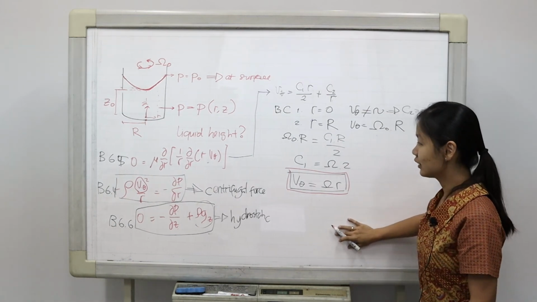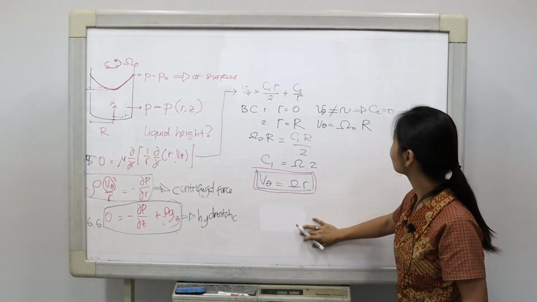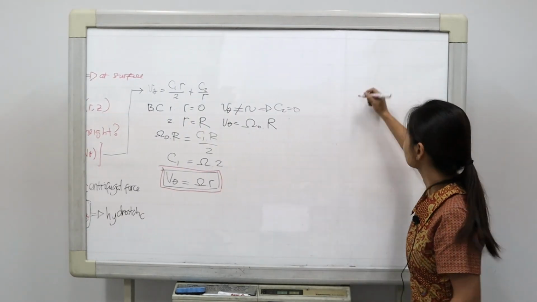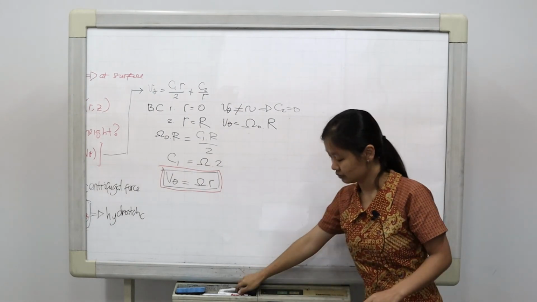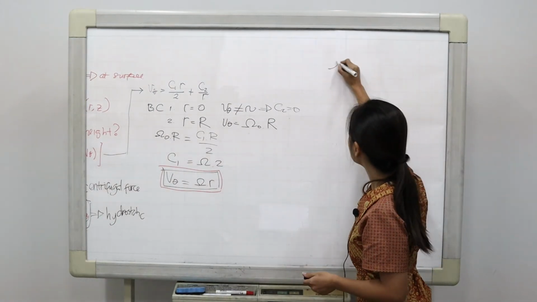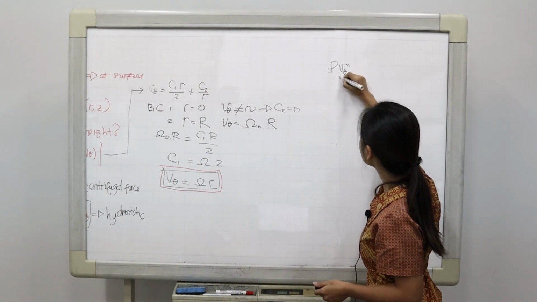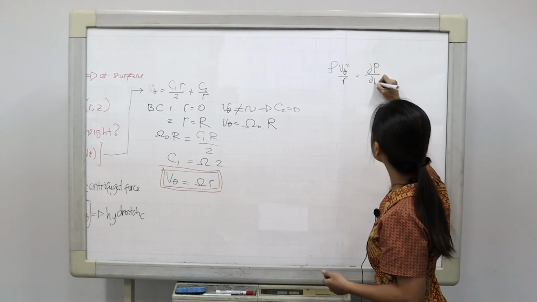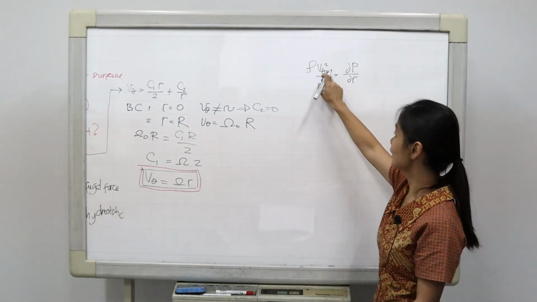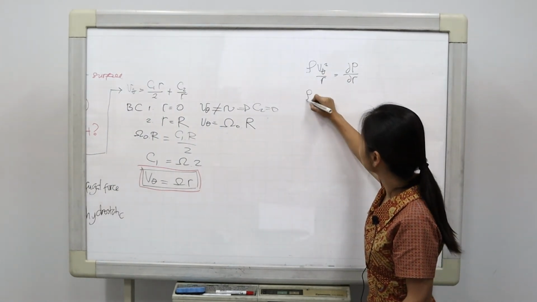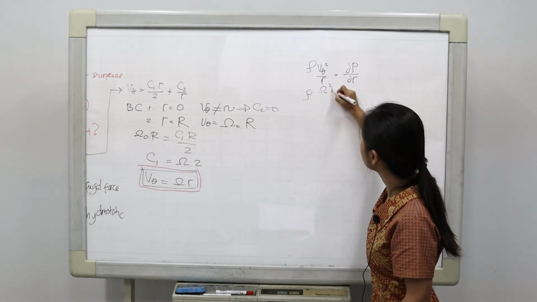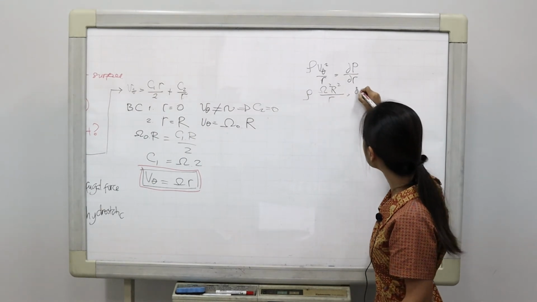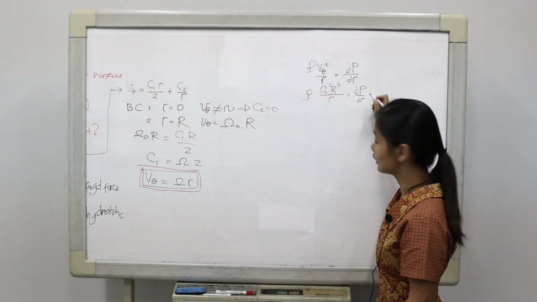Sorry, I might rewrite the equation. Substitute phi theta with omega r, we will have omega square r square divided by r equal to dou p over dou r.